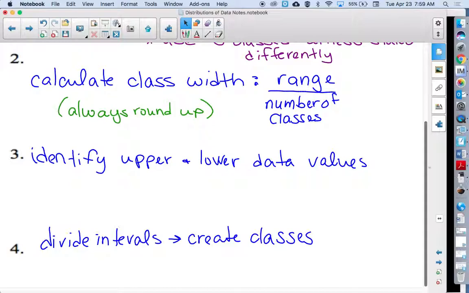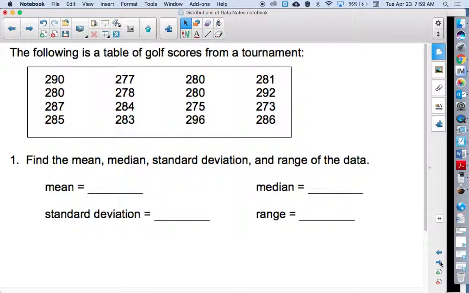So on the next page at the top, you have a list of golf scores from a tournament. Generally the Masters, the Open, any of those has multiple rounds of golf. So this is not just one round of golf, this is an entire tournament, so those scores are in the 200s. It says first for you to find the mean, median, standard deviation, and range.